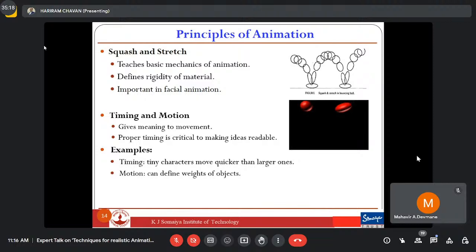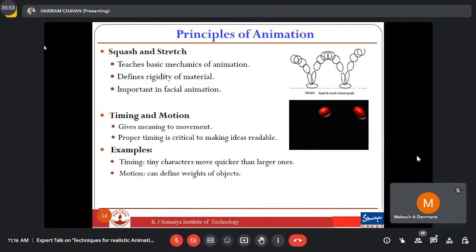The moment you think about timing, I think it is a great thing which we need to talk about, because time gives you the things which are required in the animation. So think about what exactly time is related to the motion and how it plays a key role, and the impact generated by this timing.